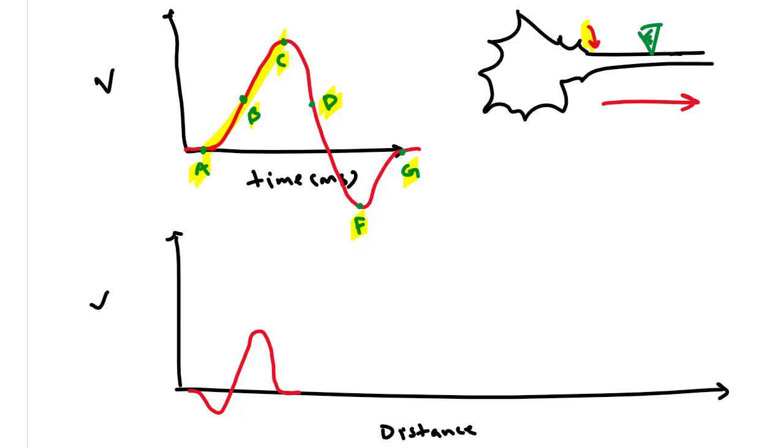Right? And a millisecond later, I am going to go ahead and draw it in a different color. And a millisecond later, it'll be here. And it has this appearance of moving down in this direction toward the axon terminals.